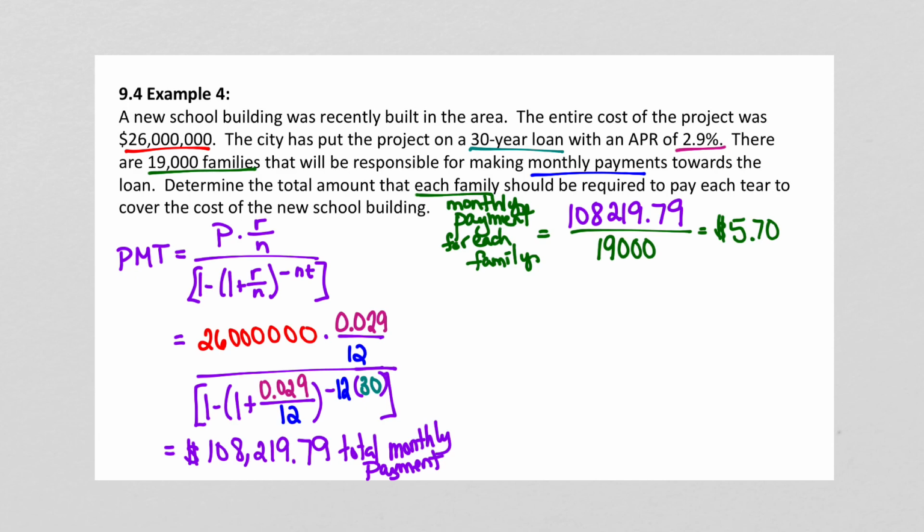Well, we're still not done, okay? Be careful that you're reading your problem carefully. It says, how much should they pay each? Again, that's supposed to be year. So to find the yearly amount each family is going to pay, then we'll need to take our $5.70 per month and multiply it by 12 months.